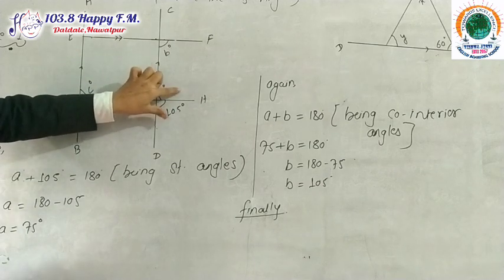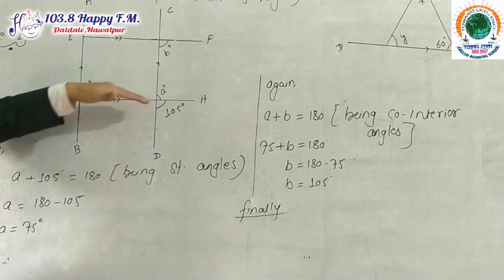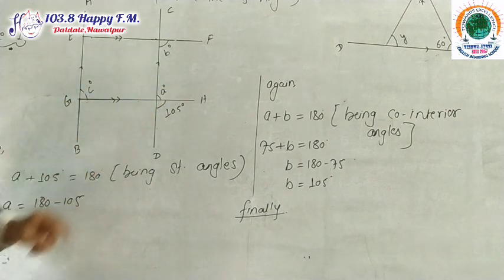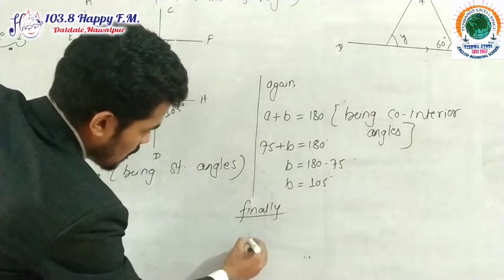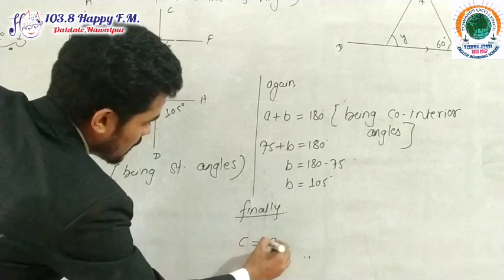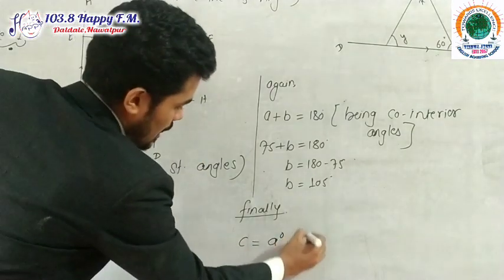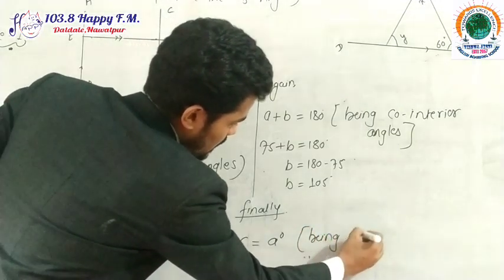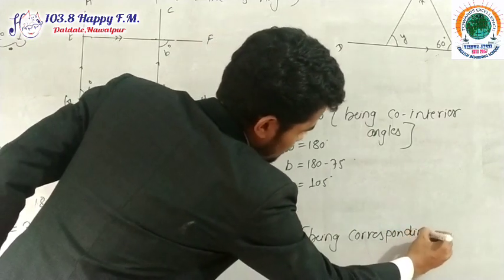One is exterior, another is interior on the same side of the transversal. They are corresponding angles. So C and A are equal. The reason is corresponding angles.